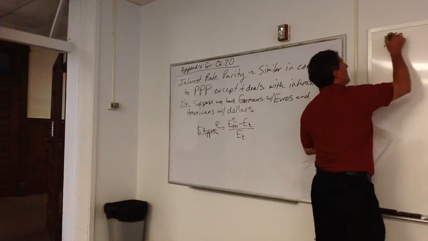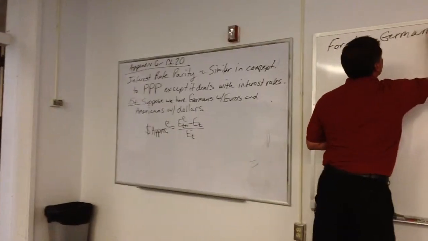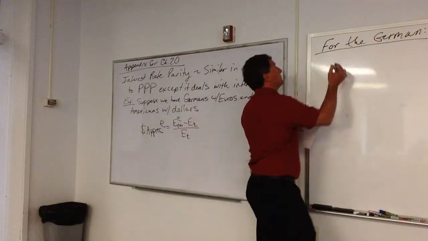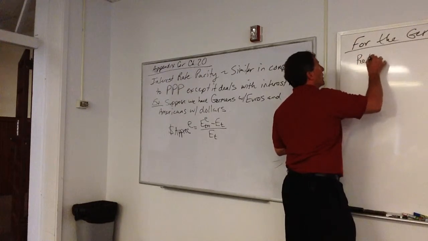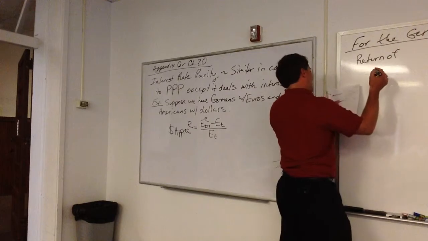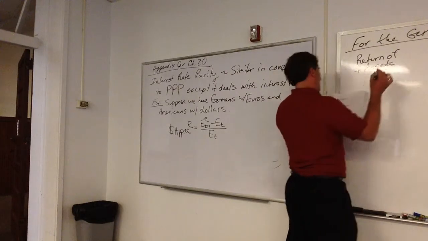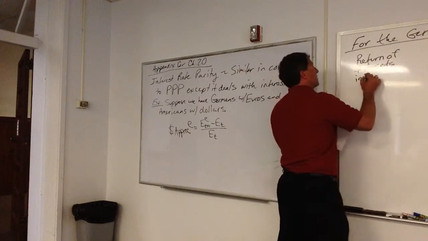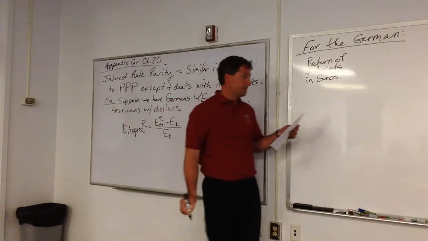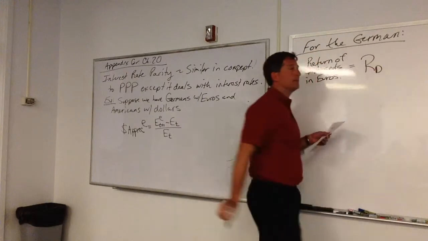So what do things look like for the German? For the German, the return of dollar assets in euros, because that's what he ultimately cares about. So we're going to call that RD.